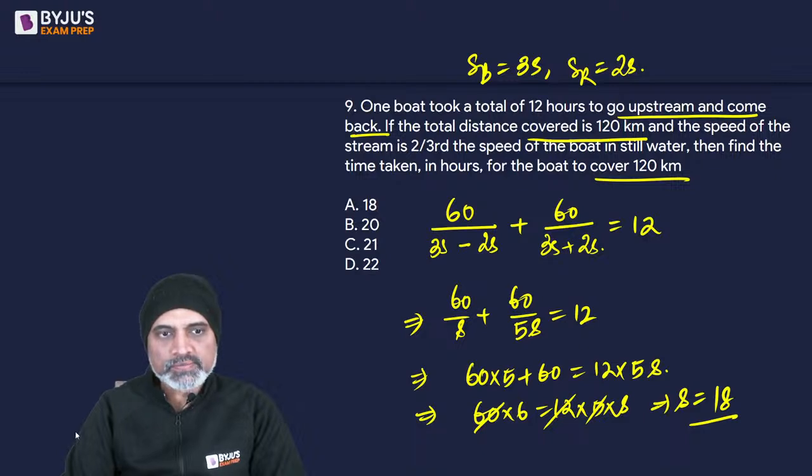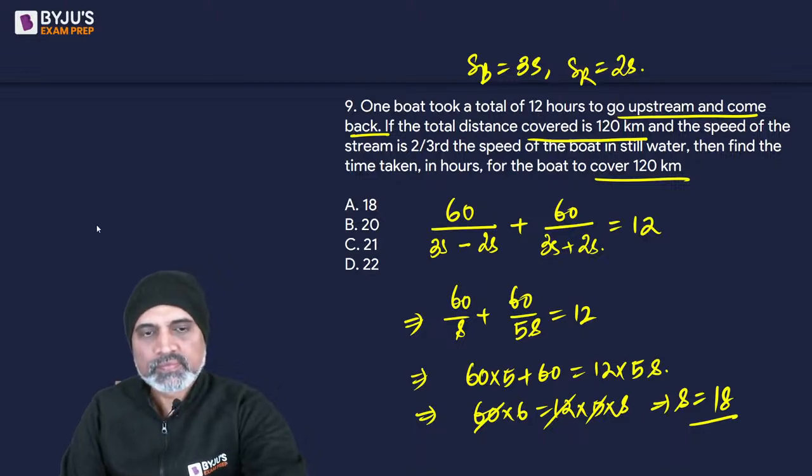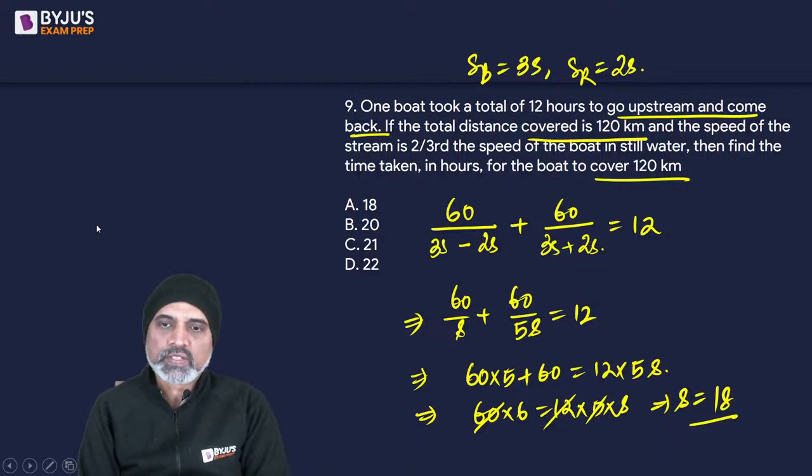Hold on. Sixty into 5 plus 60 is 60 into 6.